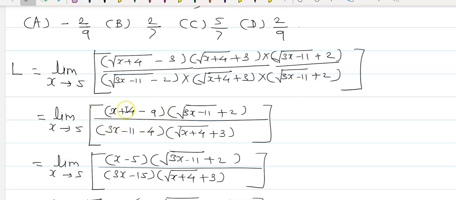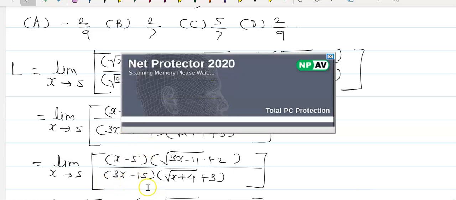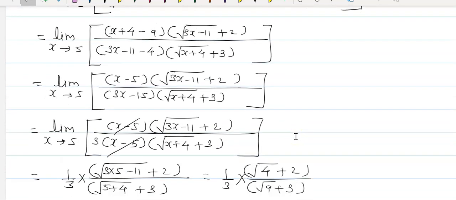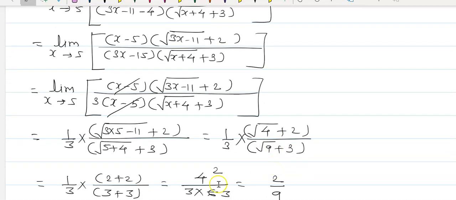Now simplify this, that is x minus 5, and in 3x minus 11 take 3 as common, x minus 5 gets cancelled and replace x by 5, that is 15 minus 11, 4, root of 4 plus 2, root of 9 plus 3, that is 1 upon 3 into 2 plus 2 upon 3 plus 3, that is 1 by 3, 4 upon 6, that is 2 upon 9.